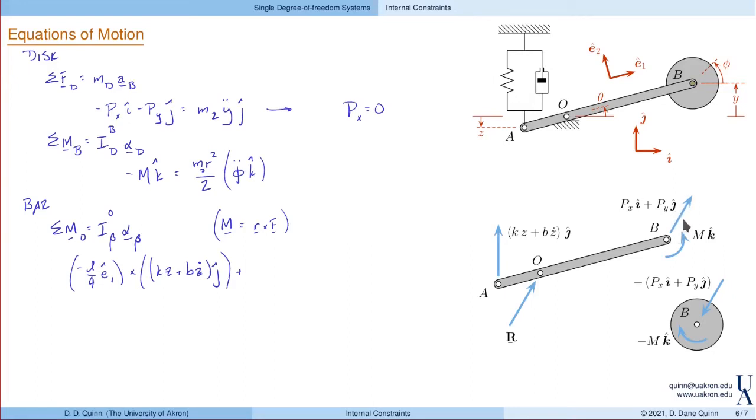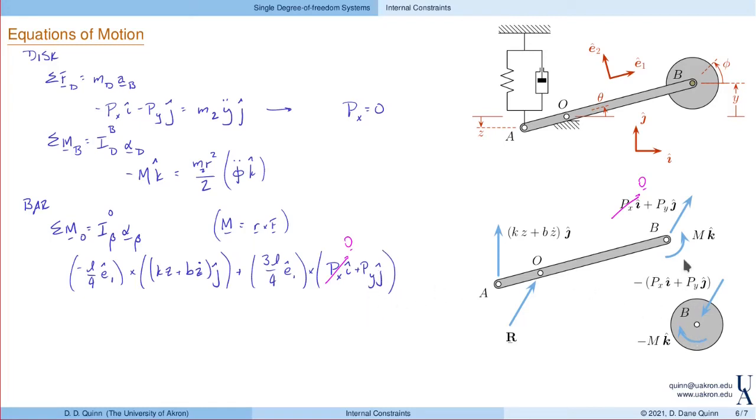Then we'll have the moment due to the reaction force at the end of the bar. Here I'm going to go ahead and set Pz equal to 0. The moment arm is 3L over 4 in the E1 direction, and the force, of course, is Px plus Py in the j direction, but we've already said that Px is equal to 0.